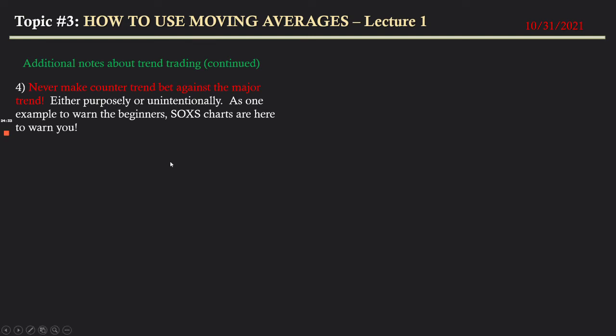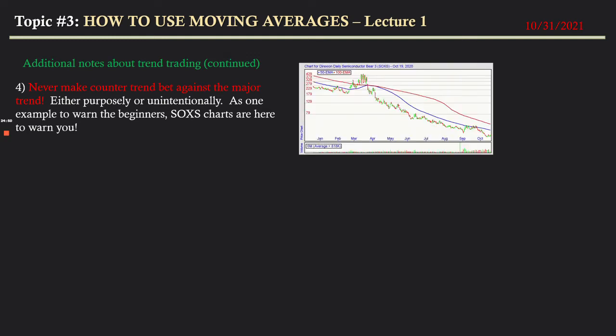Now, we want to warn you: never make a counter-trend bet against a major trend, either purposely or unintentionally. As one example, we are warning you as beginners, this is SOXS here.